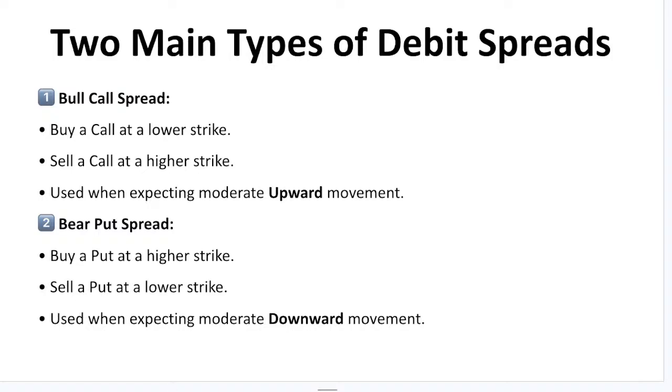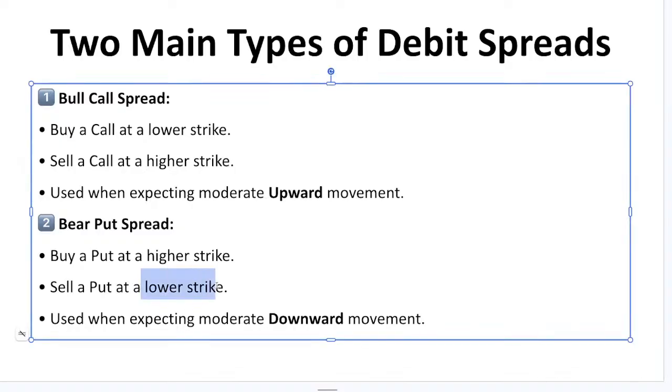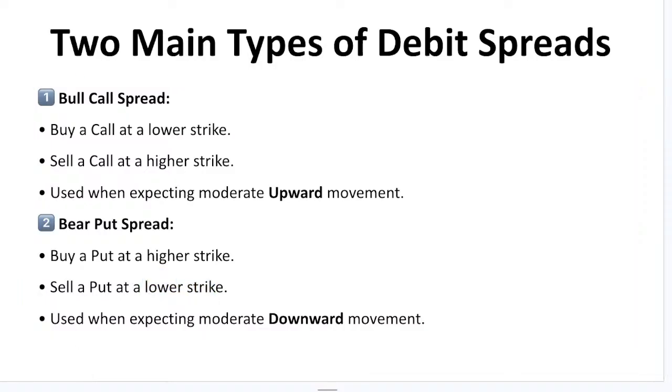They have an upper limit and a lower limit. If you buy and you want the price to go down to a limit, the lower strike will be the limit. Anything less, you won't get more money because this is the limit. I will explain later on why you do that. Use it when expecting moderate downward movement.